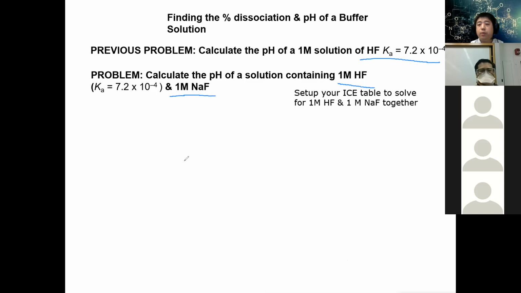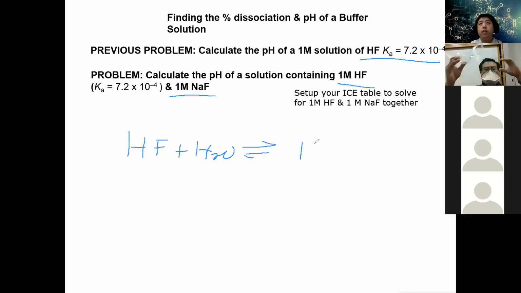Does anyone else still need more time to set this up? Let's treat this the same way we would normally for a weak acid equilibrium problem. I have HF plus H2O, and that becomes F minus plus H3O plus. What I care about is how much H3O plus I have at the end.